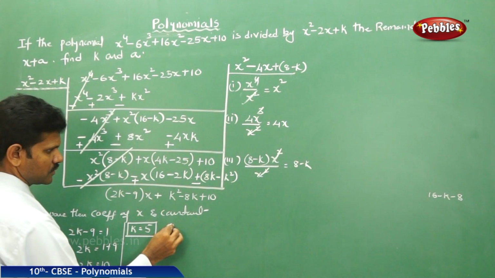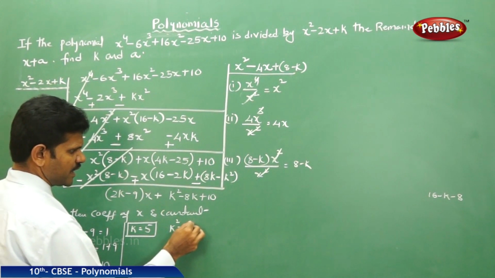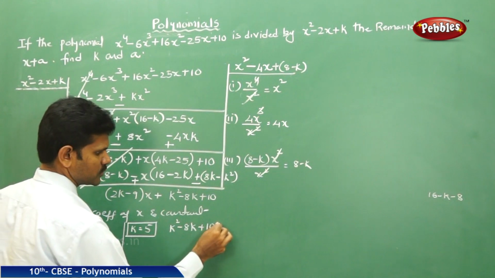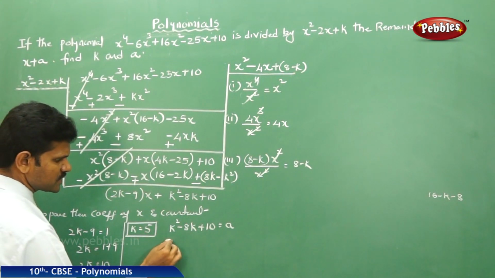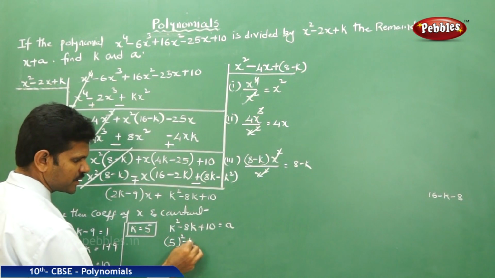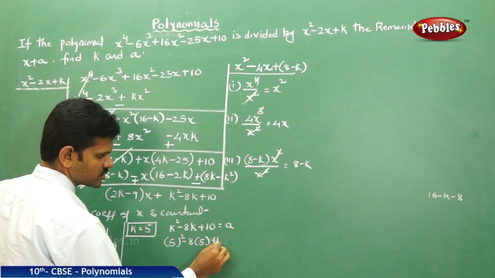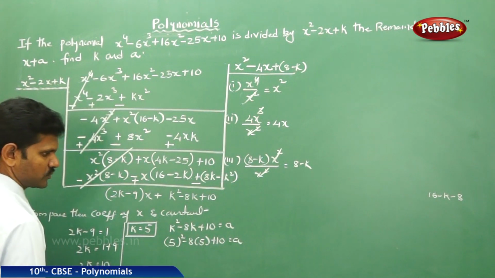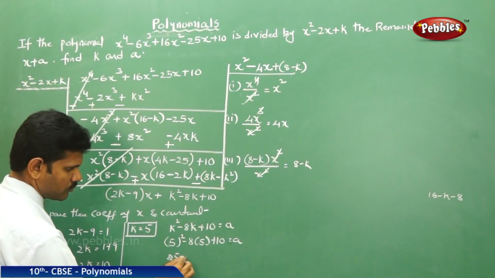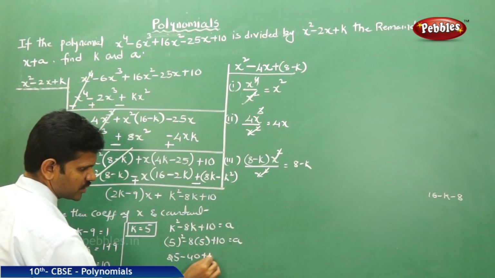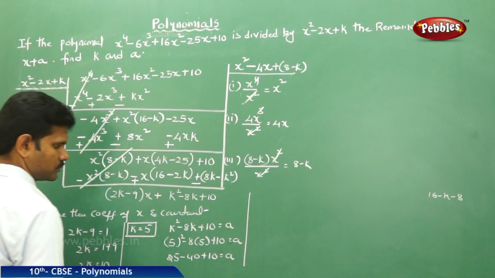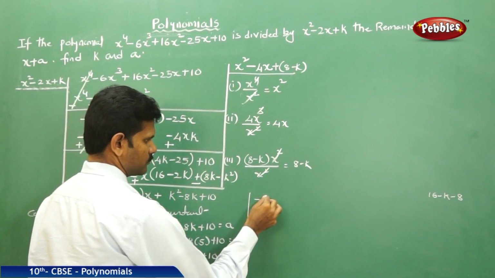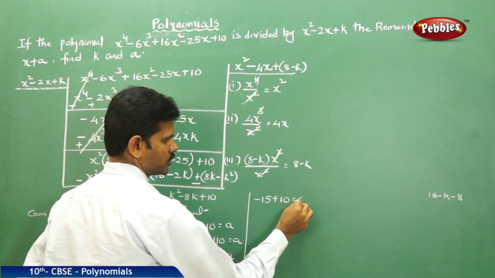Next, k^2 minus 8k plus 10 is equal to a. Why? Because the remainder is x plus a, the x coefficients are compared, now the constants. Now the k value is 5: 5^2 minus 8 times 5 plus 10 is equal to a. 25 minus 40 plus 10 is equal to a, that is minus 15 plus 10 is equal to a.